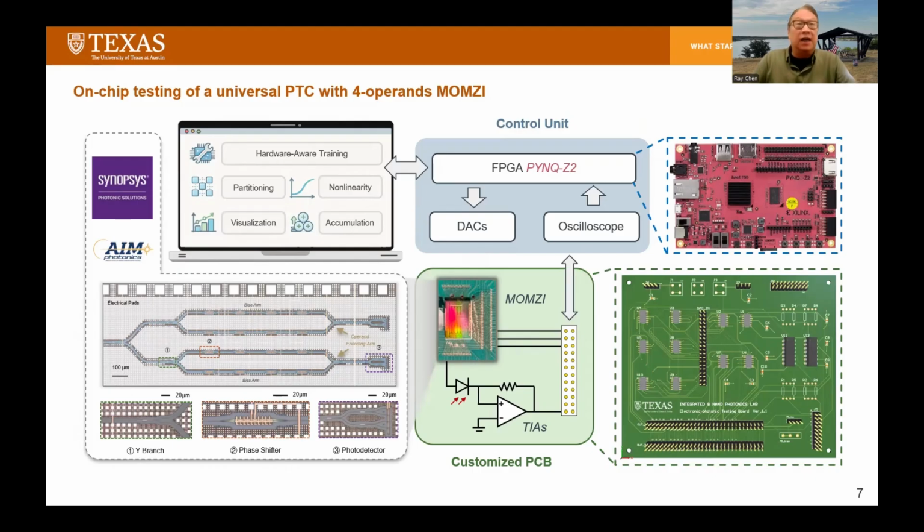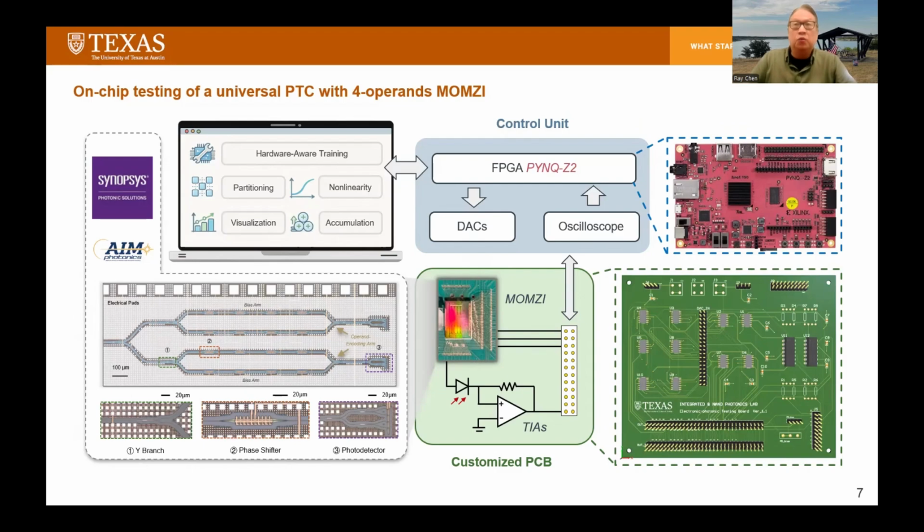So this is the hardware we demonstrated. We taped out a photonic-electronic neural chip with the thermo-optical multi-operand MZI with 4 phase shifters. Here is a micrograph of the customized multi-operand MZI differential pair.